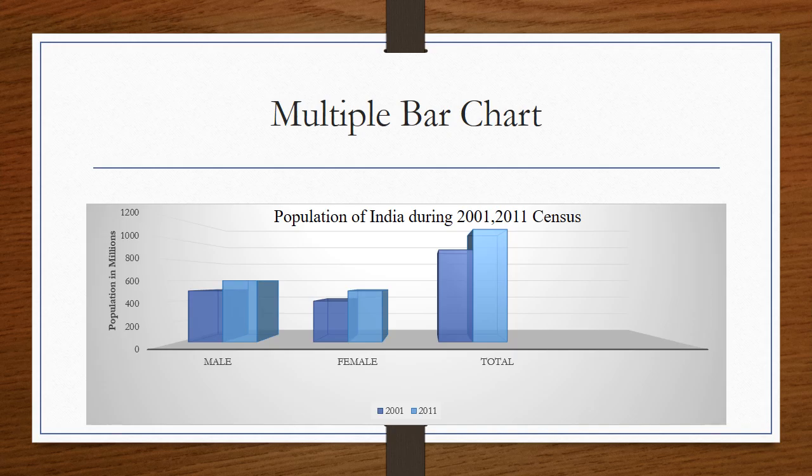First male in 2001 and 2011, female in 2001 and 2011, and total in 2001 and 2011. So this is the multiple bar chart. Same here also we are giving the x-axis and y-axis, then population, and here multiple bars will be available. So this is about the multiple bar chart.